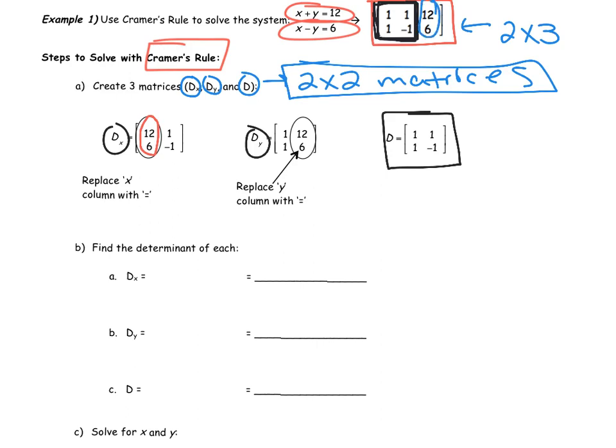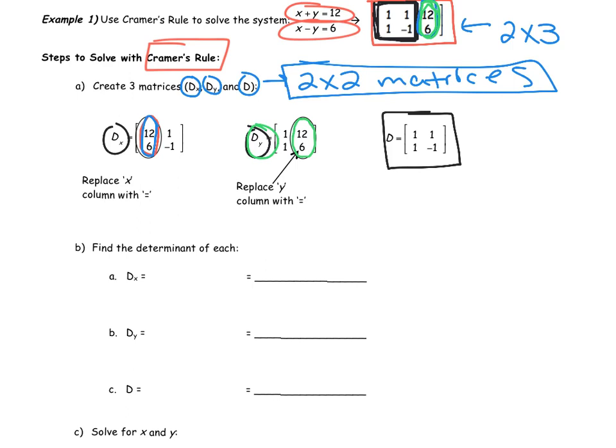I'll say that again: we replace the x column with whatever was right of the equal sign. For Dy, we replace the y column with whatever is right of that equal sign. That's always going to be the case.